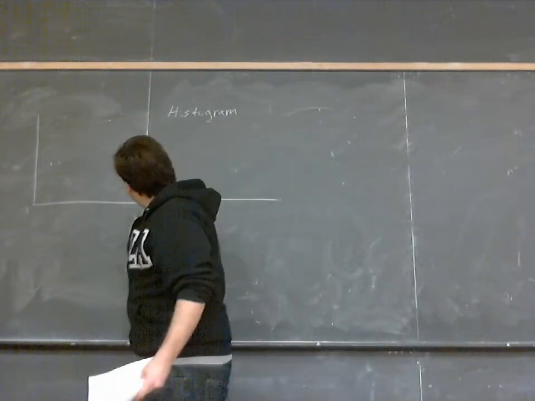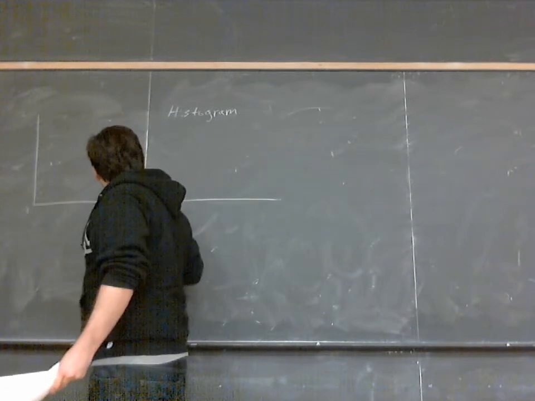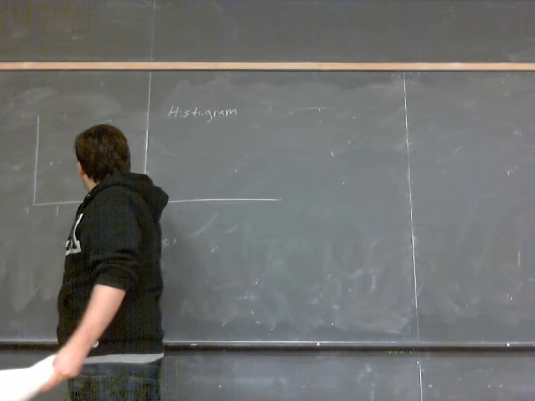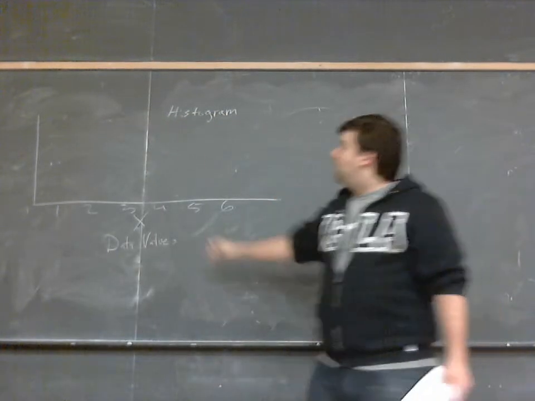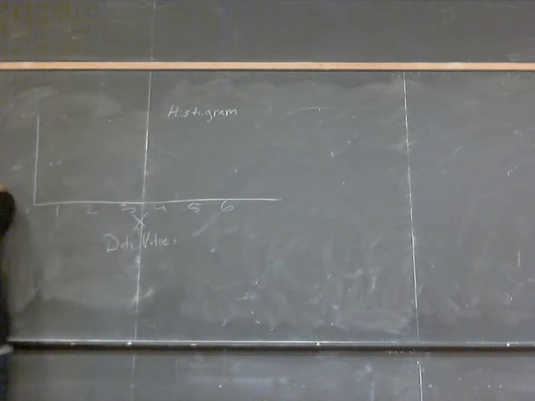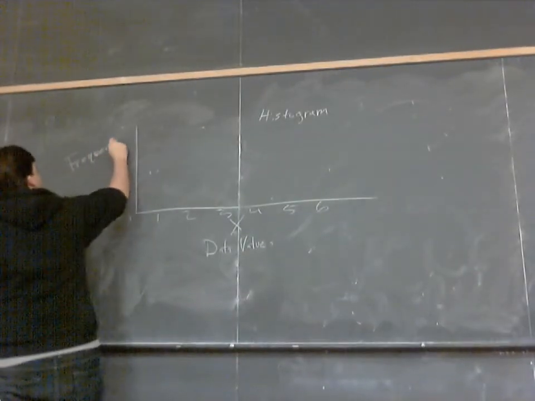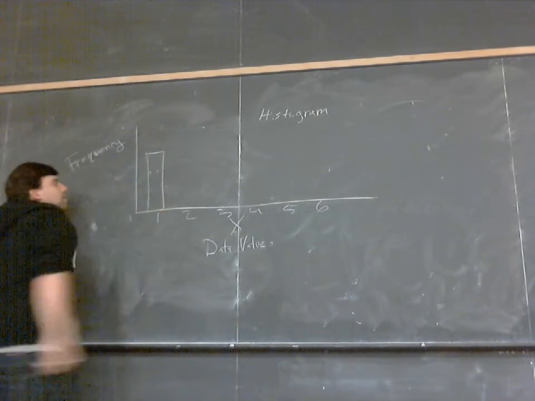The x-axis is the data values. So if this were a dice, it would have 1, 2, 3, 4, 5, 6. The y-axis is frequency, or counts. And the height of the bar tells you how often that value occurs.